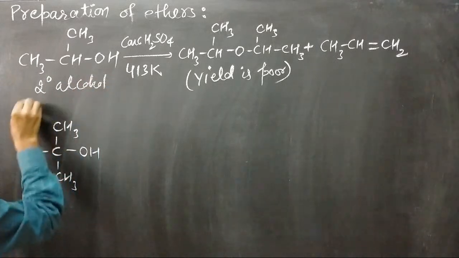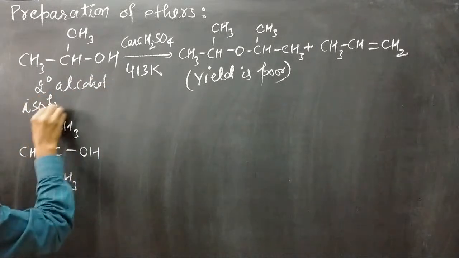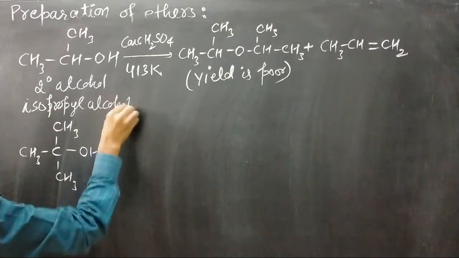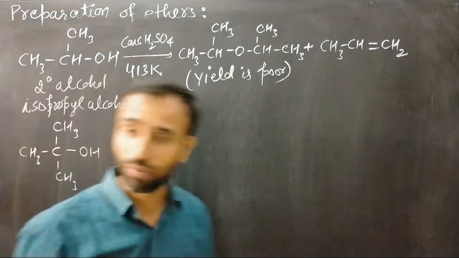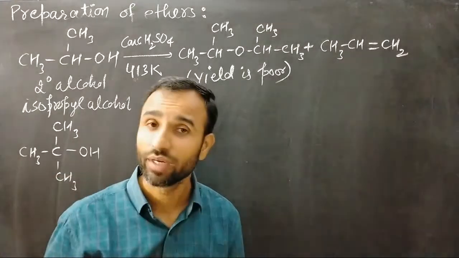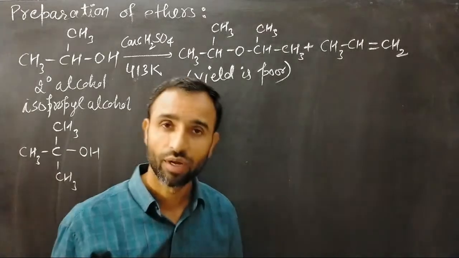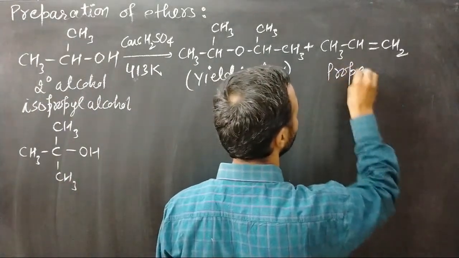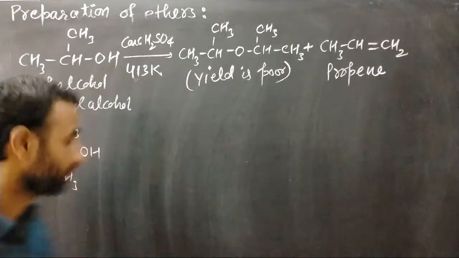You know, it is isopropyl alcohol. See, temperature is 413 only. So expected product should be ether. But along with that, alkene is also formed. Okay.